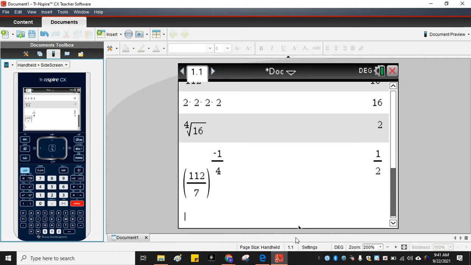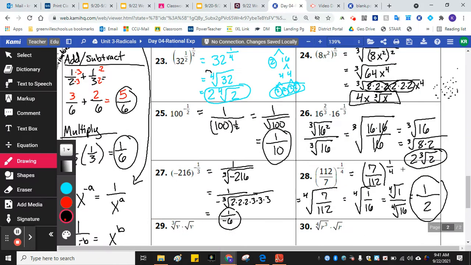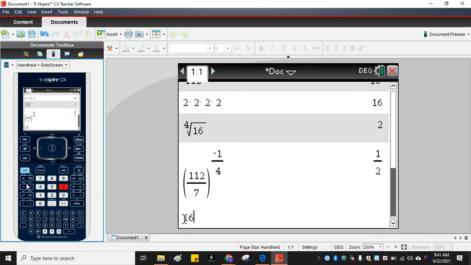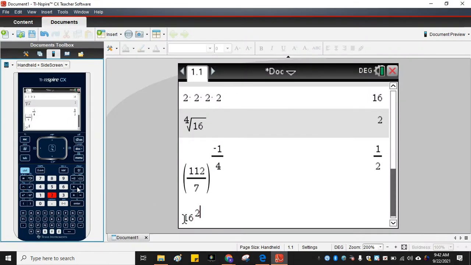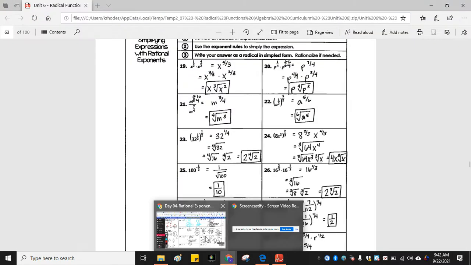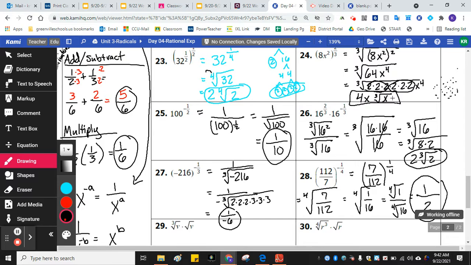And that's great. But when we get to ones that don't simplify nicely, 16 to the 2/3, I think it was negative 1/2, negative 1/3.